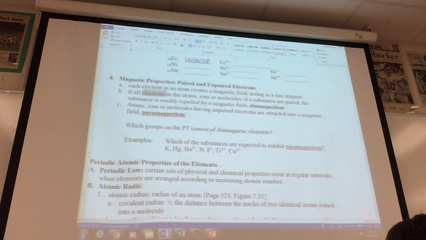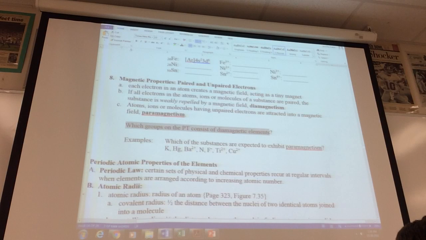When you pair electrons, whether it be in an atom, ion, or molecule, the substance is weakly repelled by a magnetic field, and we say it's diamagnetic. Di means two, a pair is two. However, if you have unpaired electrons, they are attracted into a magnetic field, and we say the species is paramagnetic.